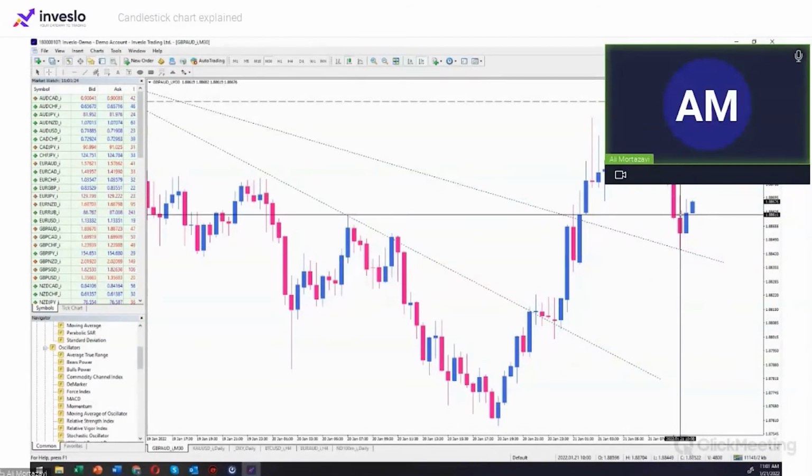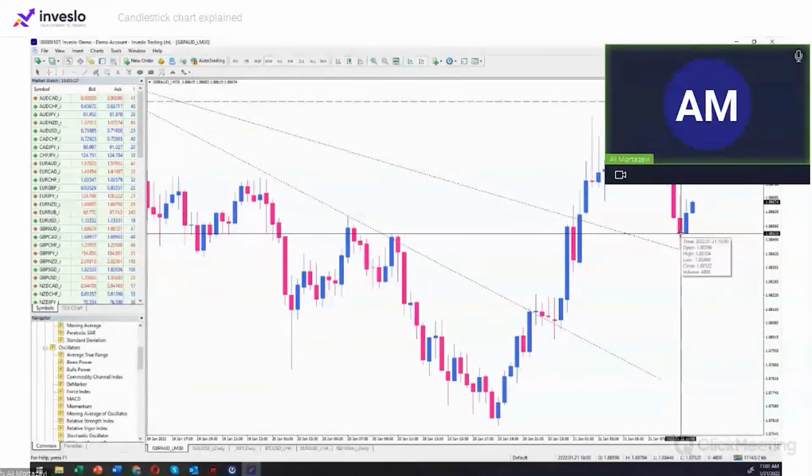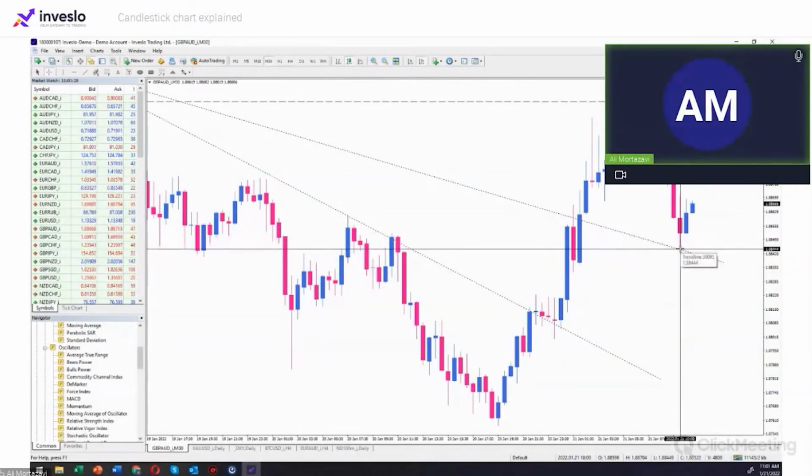So sellers took control, pushed price lower to this level, but the buyers were in the market actively, and they rejected this level as the support.